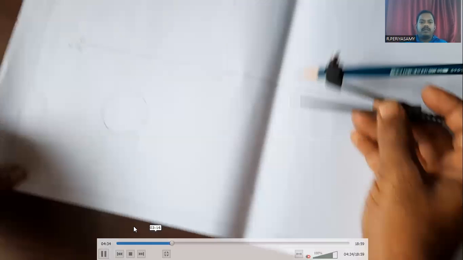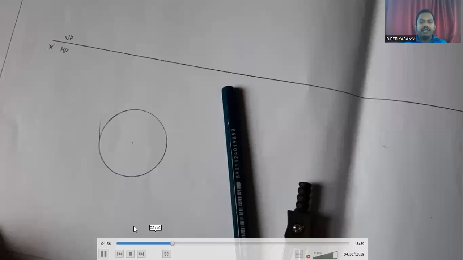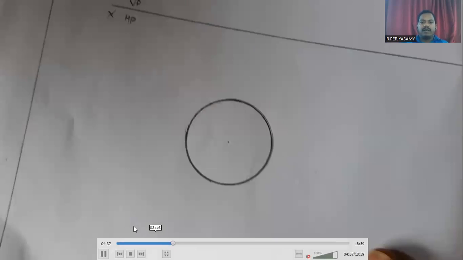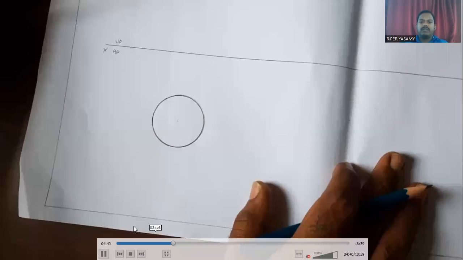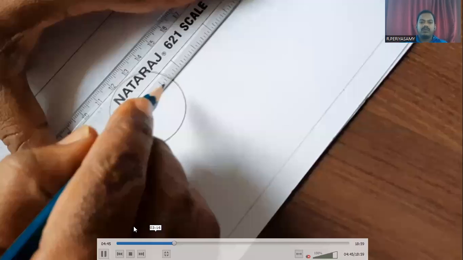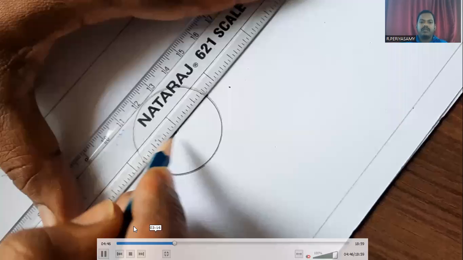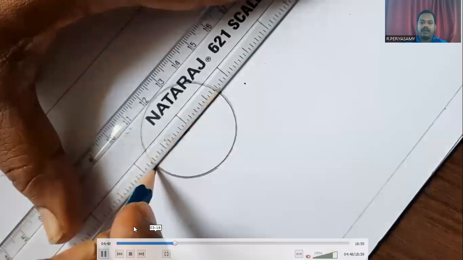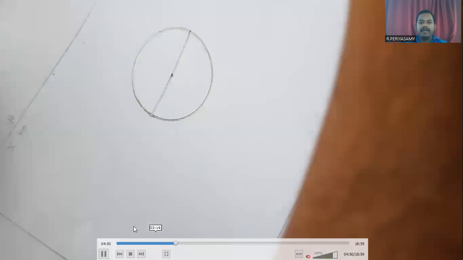After that, we have to divide the circle into 8 equal parts, so that we can draw the projections easily. The full angle is 360 degrees, so 360 divided by 8 gives 45 degrees. So at 45 degree inclinations, we separate the circle into 8 equal parts.